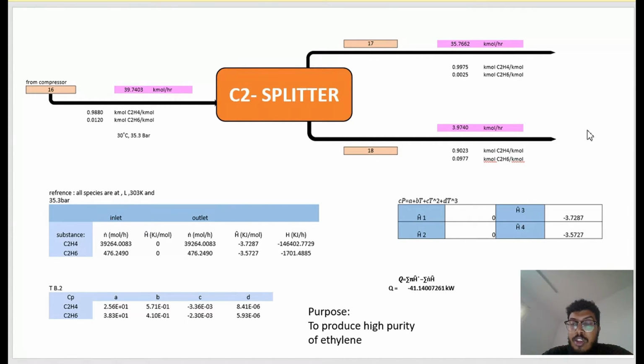Then we're going to calculate the Q by the summation of the output minus the summation of the input, and therefore we have minus 41.1 kilowatt. Again, the purpose of our C2 splitter is basically to increase or to produce a high purity of ethylene. That's basically our C2 splitter, our final unit in our design.